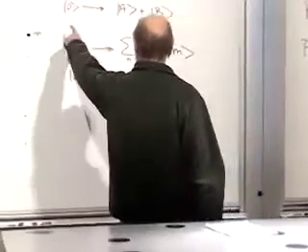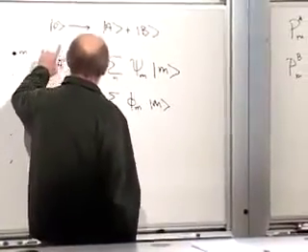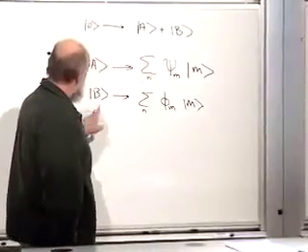In quantum mechanics, what we have to write is that if we start at A, we get to here. If we start at B, we get to here.